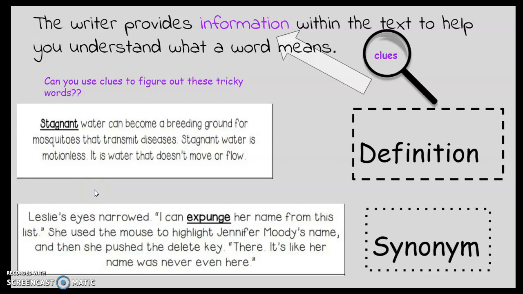We actually have a synonym here. Do you know what it is? Look at this part: and then she pushed the delete key. Delete and expunge are actually synonyms. So this word delete, that's a little more common, helps me identify the meaning of expunge.